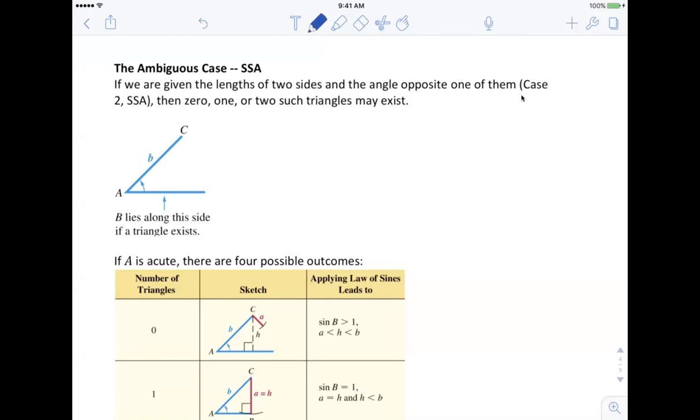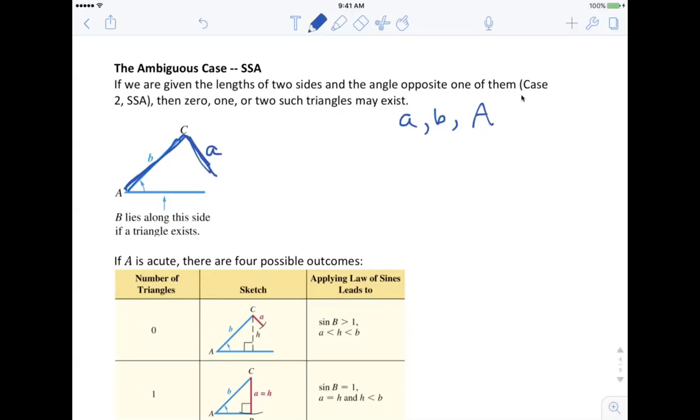you're given, let's say you know a, b, and angle A. So we know angle A, we have b next to it, and then we're going to put a opposite. Now, depending on the length of a as opposed to b, you may have no triangle, because a might be too short and you won't be able to reach the other side.